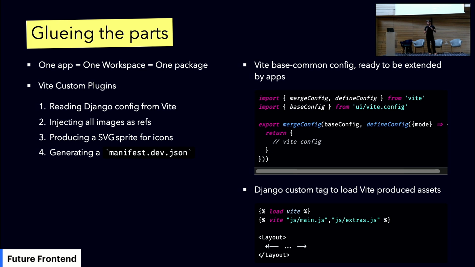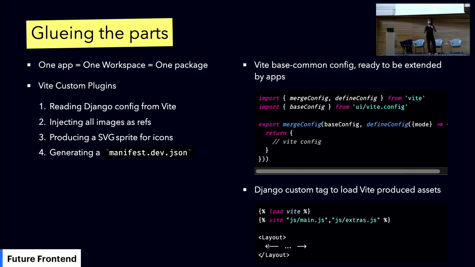Then we created a Vite base config, which was a common config for all the applications, embedding all the Django concepts that we need to address, like where to put the static web files at the end and so on. So we did so, and every application in Django will have its own Vite config consuming this base configuration.